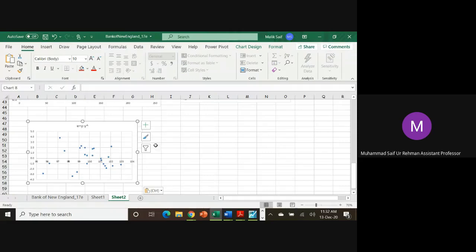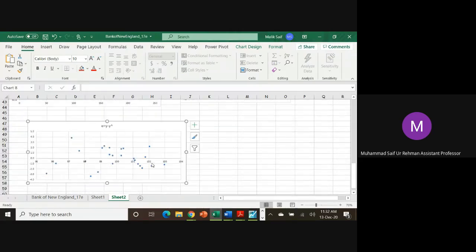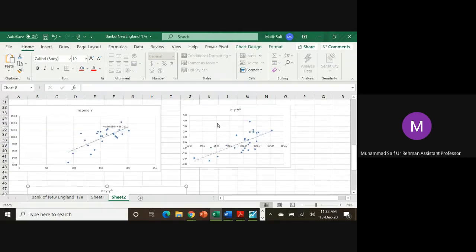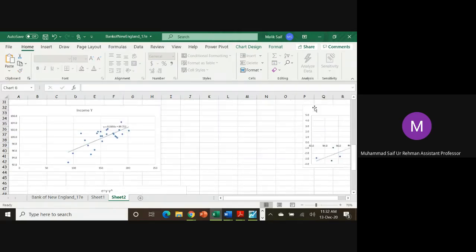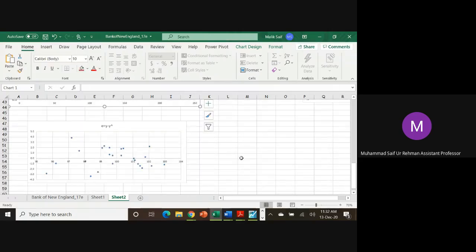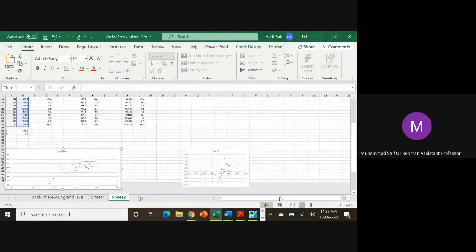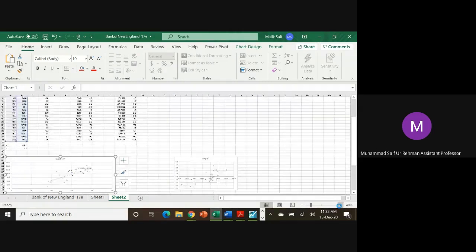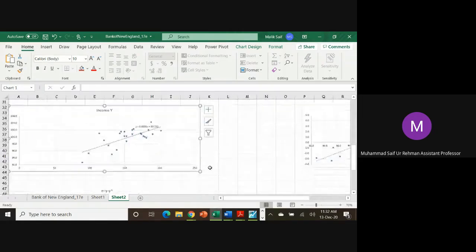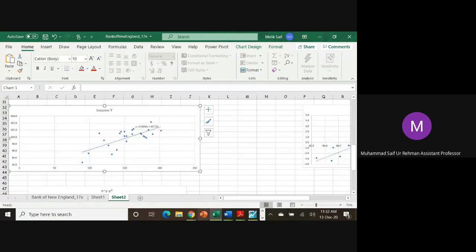If you see, this looks like this graph. See these two graphs. Let me copy.